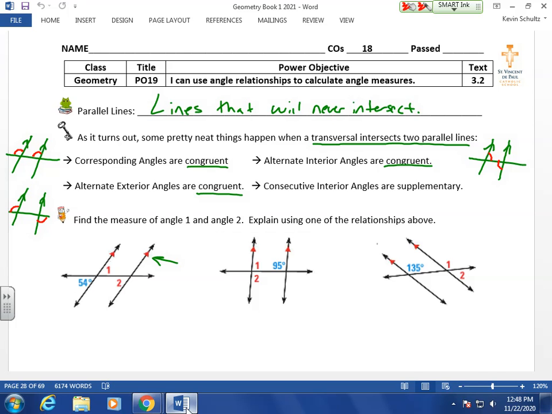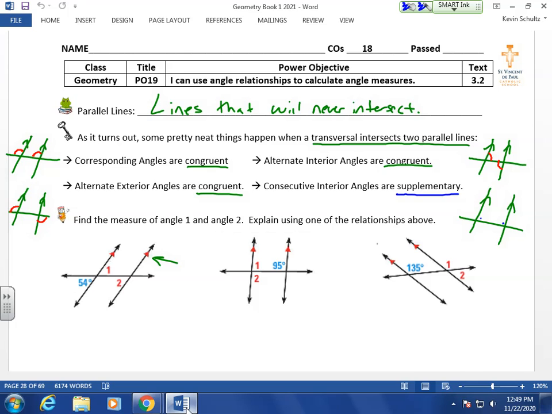The one that's different is consecutive interior, and I'll do it in blue because it's not the same as the other three: they are supplementary. For example, here are our parallel lines with a transversal cutting through them. Our consecutive interior angles would be right here and right here, one pair of them. Looks like a little person, kind of.